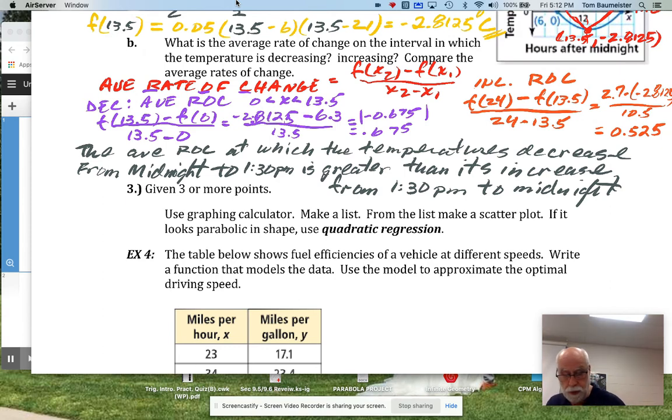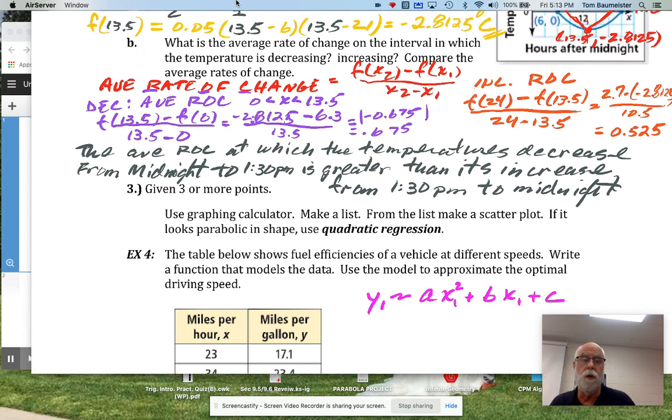Remember, on this one, for our equation, we're going to use y sub 1. For our regression, we're going to have a sub x1 squared plus b sub x1 plus c.